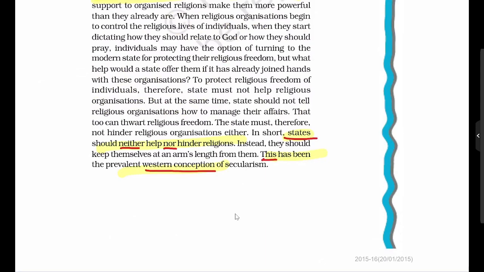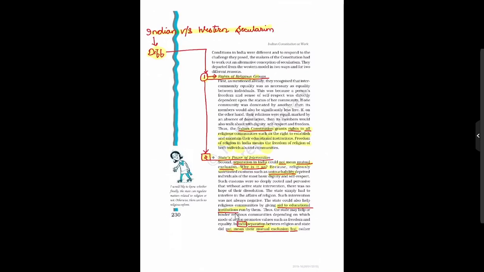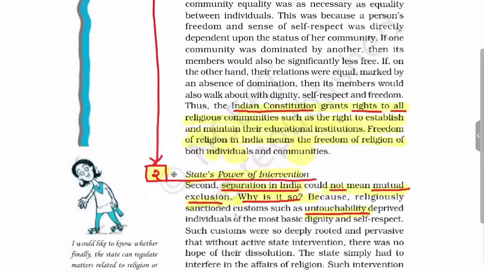Now we'll see the Indian concept of secularism and how it is different from the Western concept of secularism. There are two major differences between these two concepts. First is related to the rights of religious groups. The Indian constitution gives religious rights not only to individuals but to communities as well.